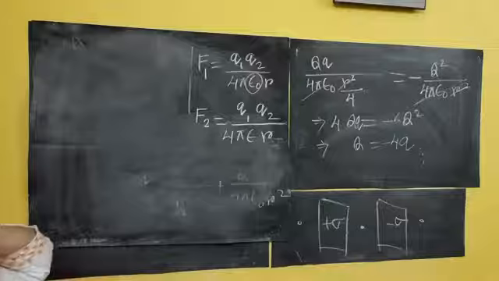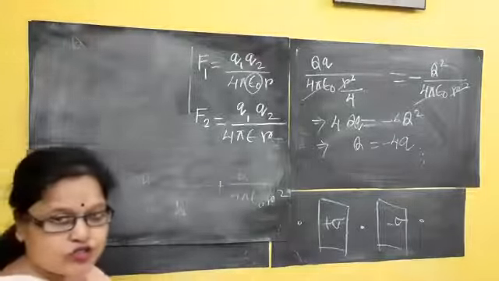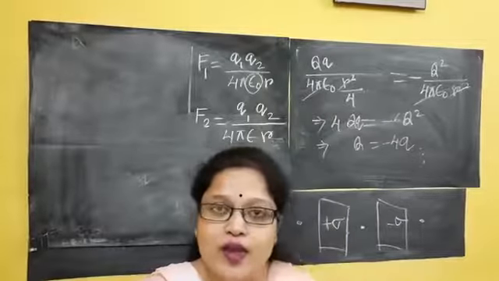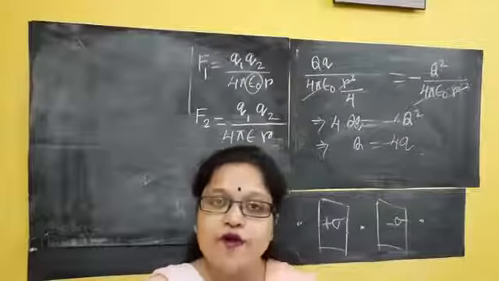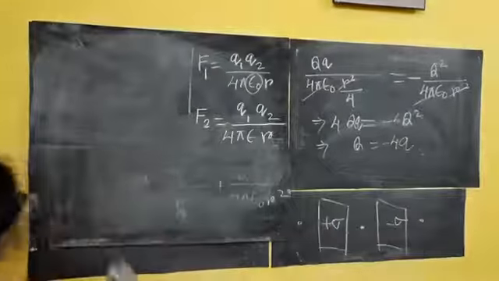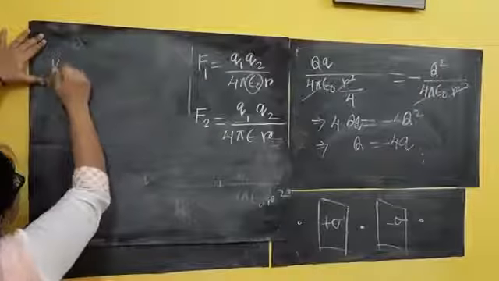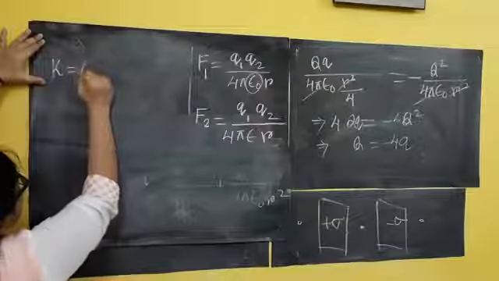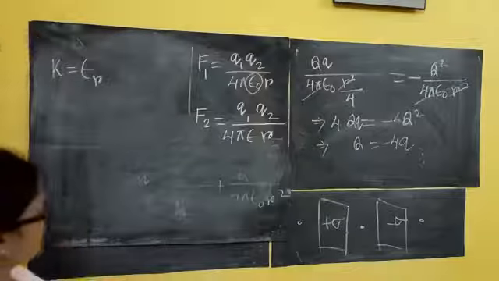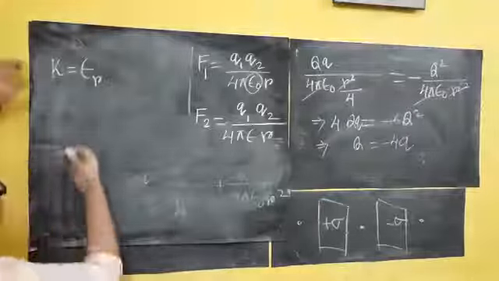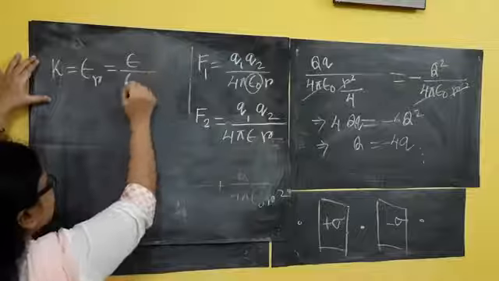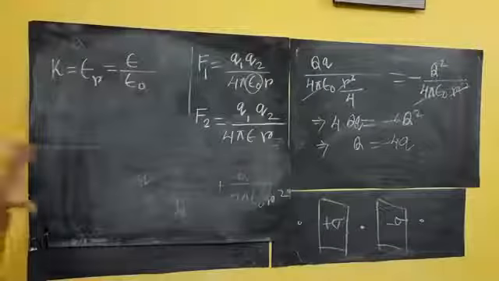Clear? No confusion. Now what is the dielectric constant? Dielectric constant is the constant when I compare the permittivity of a medium with respect to the permittivity of the vacuum. Means K is the dielectric constant, the ratio of the permittivities. So K equals epsilon by epsilon 0, where epsilon is for the medium and epsilon 0 is for vacuum.